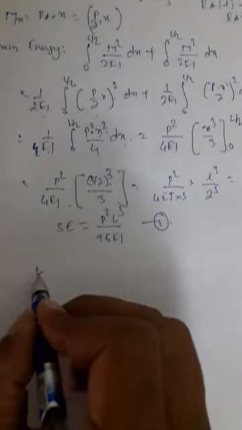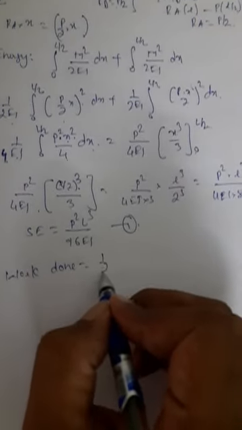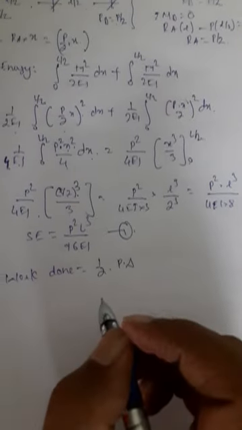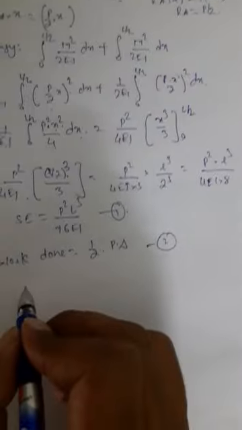Now work done is equal to half P into delta, where P is load, delta is deflection. Let this be equation 2.